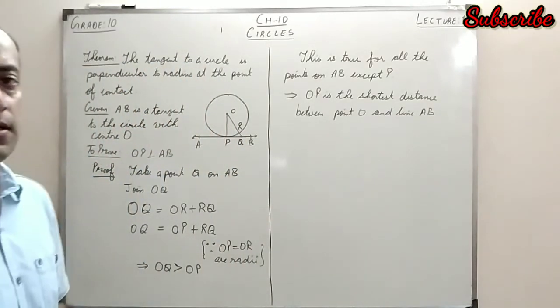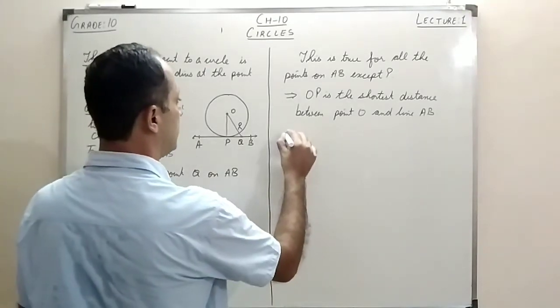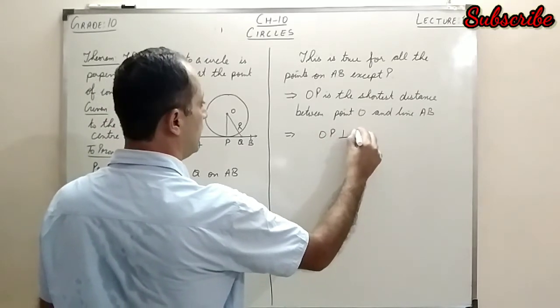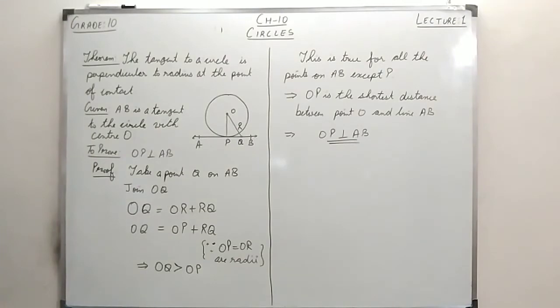And the shortest distance is always a perpendicular distance. So this means OP is perpendicular to AB. So this is the end of the proof. This is what we require, right?